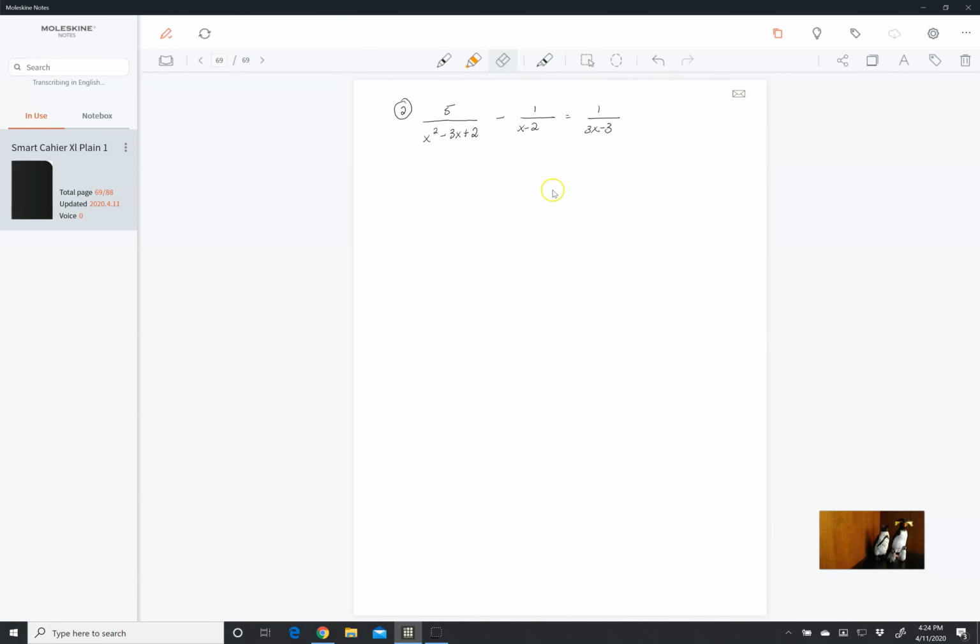So one thing that you always want to do, and we said this when we were doing the addition and subtraction, is you want to factor your denominators because you might find that it's going to be easier to find a common denominator. Okay, so here we see that we have some denominators that are not factored, so let's factor them.